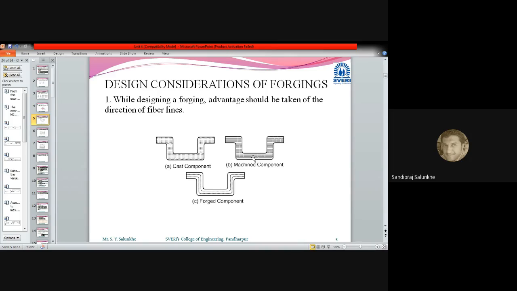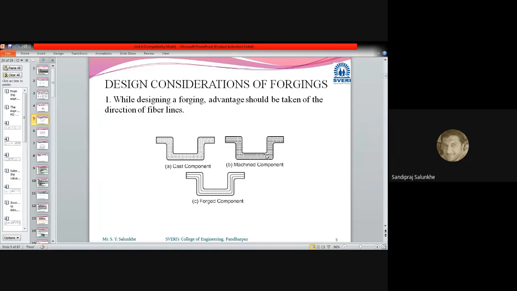Machining means you are going to remove the unwanted material from a rough job. While removing it, you are going to shear out that material which is not required, and while shearing, shear stresses will be induced, and hence lines are produced, shear lines we can say. And this grain structure becomes lines.